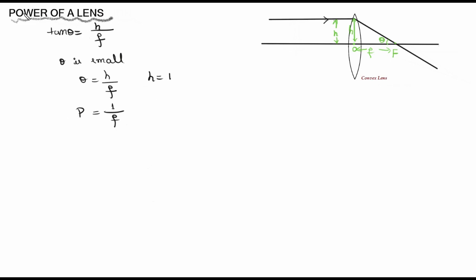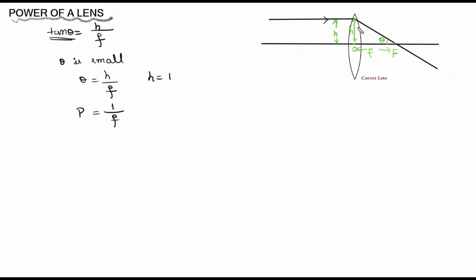So this power of a lens is defined as the tangent of the angle by which it converges or diverges a ray of light parallel to the principal axis incident at unit distance from the optical center, which means, say here convergence is taking place.